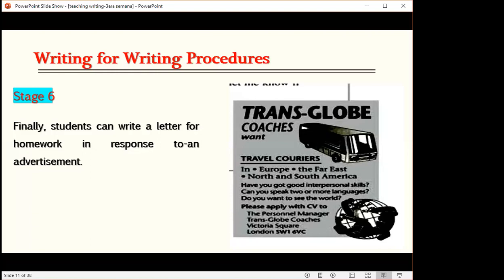Or maybe the vocabulary you're going to use, the adjectives, the adverbs. Maybe you focus on some vocabulary related to the phrases that you're going to use in the letter, but it's not exactly the vocabulary that you are talking about in the whole lesson, right? In the whole unit maybe, or in the whole project.